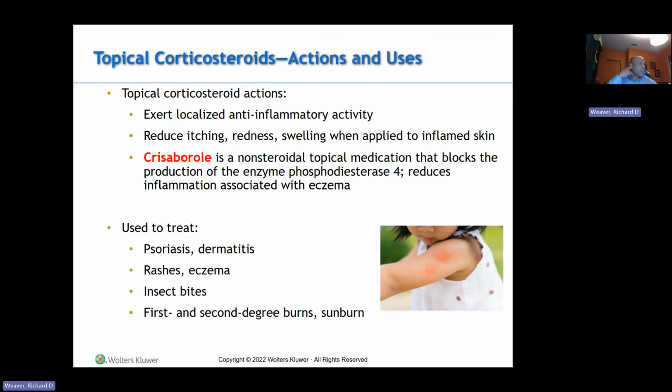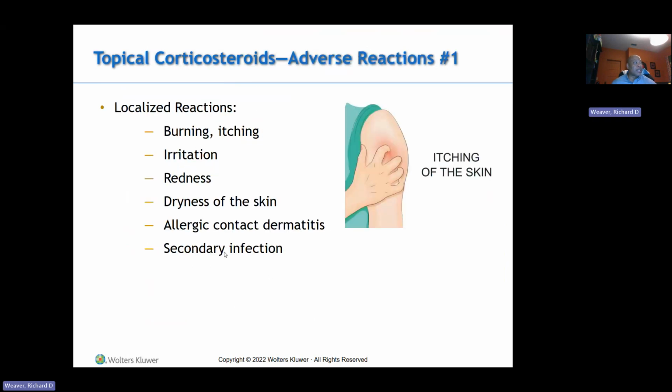You're just blocking the enzyme that brings about inflammation. The good thing about these drugs is that they don't possess the risks of steroids, which has many adverse effects. They can do some great things, but I tell you, they typically have some pretty awful effects.